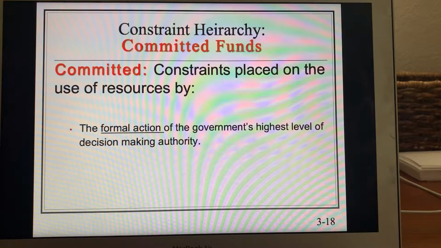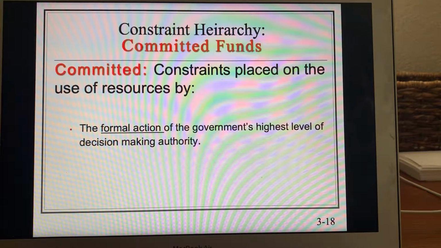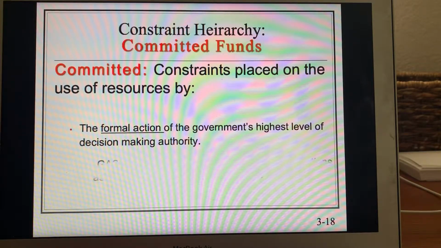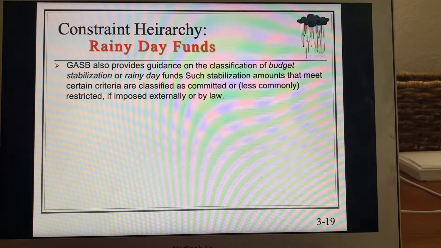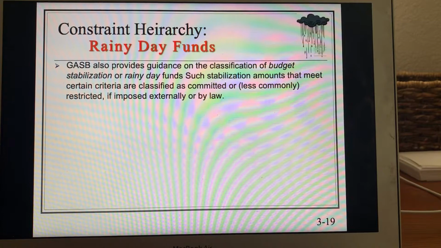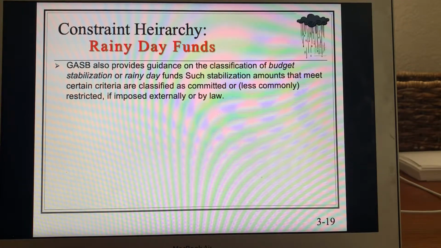So the committed funds are the constraints placed on the use of resources by the formal action of the government's highest level of decision-making authority. GASB specifically identifies contractual obligations as one form of committed resources. Then there are the rainy day funds. GASB also provides guidance on the classification of budget stabilization or rainy day funds.